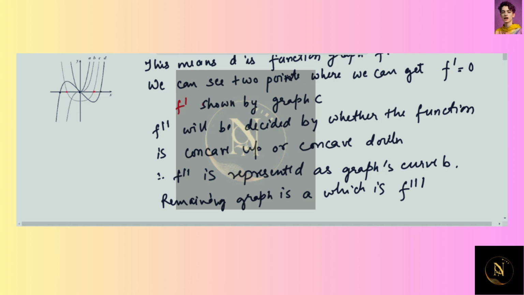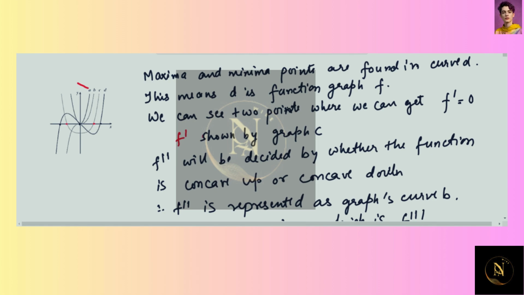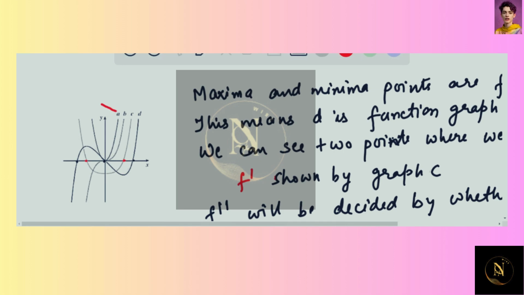So here we can easily write it like this: A is nothing but f triple dash, B is f double dash, C is f dash, and D is the function graph, that is f.